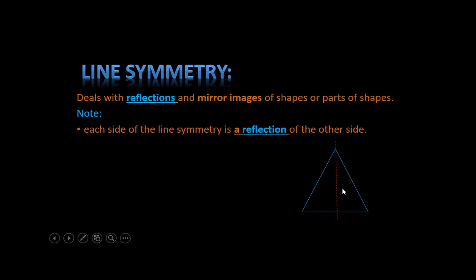This shape has one line of symmetry; this part is equal to this part. That means they are the same, and this part is the reflection of this part. Because of this, they say that each side of the line of symmetry is a reflection of the other side.